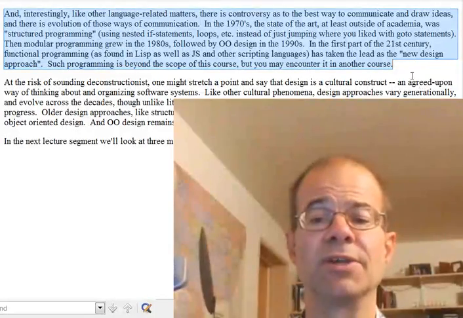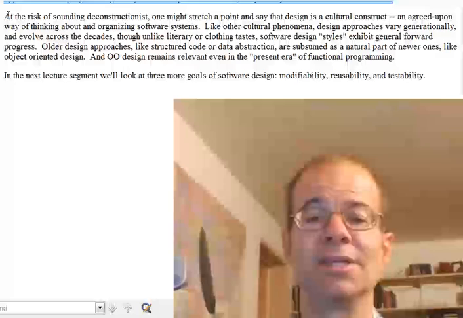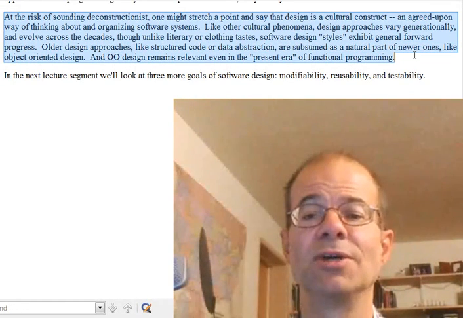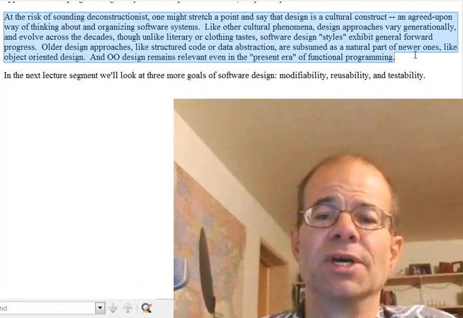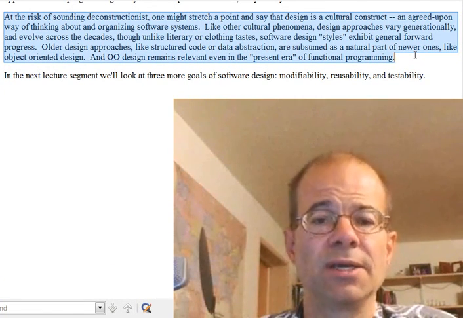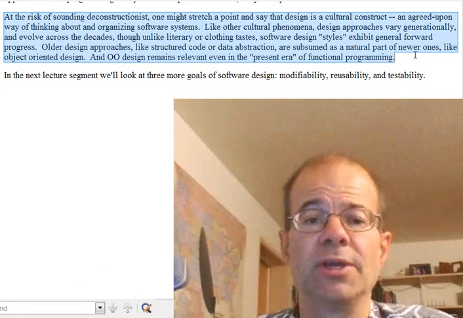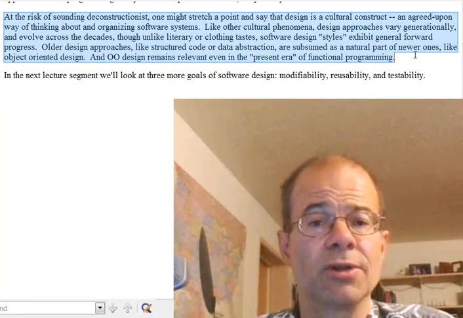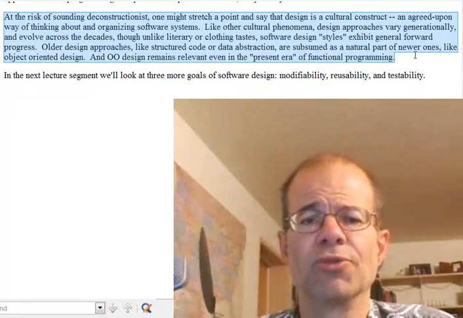At the risk of sounding deconstructionist, one might stretch a point and say that design is a cultural construct, an agreed-upon way of thinking about and organizing software systems. And like other cultural phenomena, design approaches vary generationally, and they evolve across the decades. Though unlike literary or clothing tastes, software design styles do exhibit general forward progress.